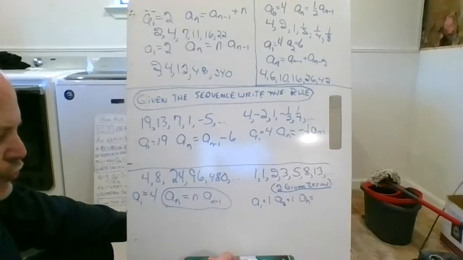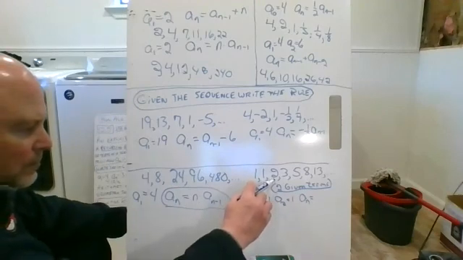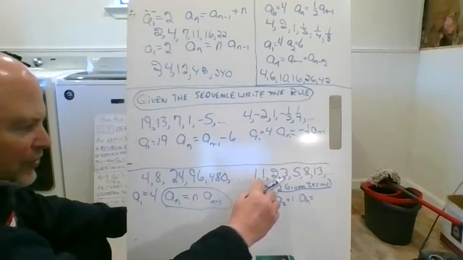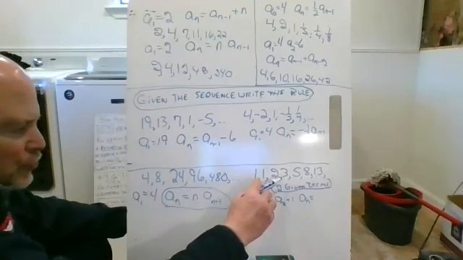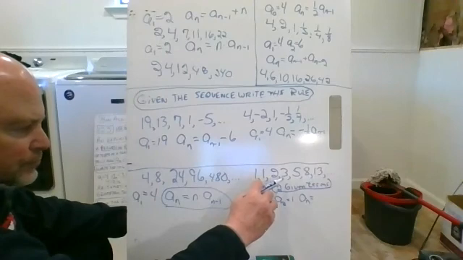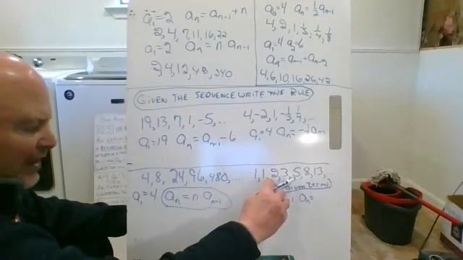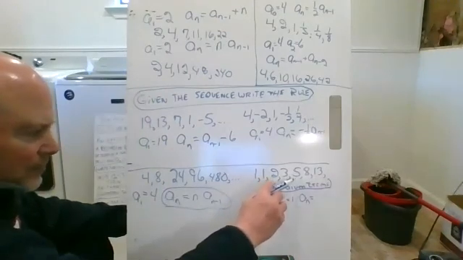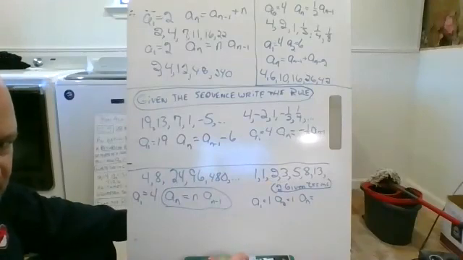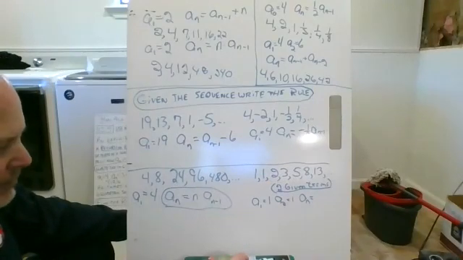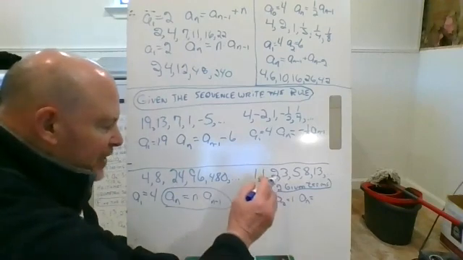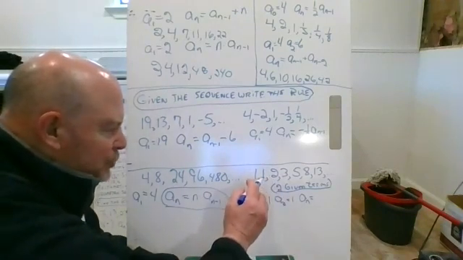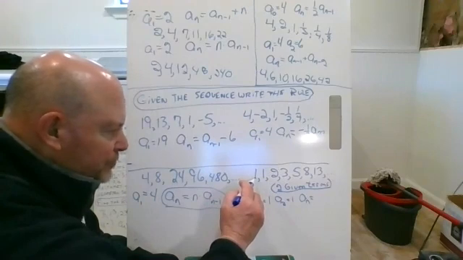Where are you getting 2 from? Where are you getting 3 from? Looking at the 2 previous terms. Where are you getting 5 from? What's happening? Is it a sub n minus 1 plus a sub n minus 2? There it is. You're getting this term by adding the 2 previous terms.